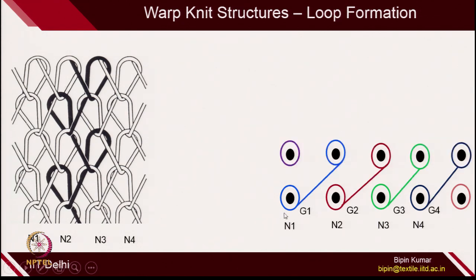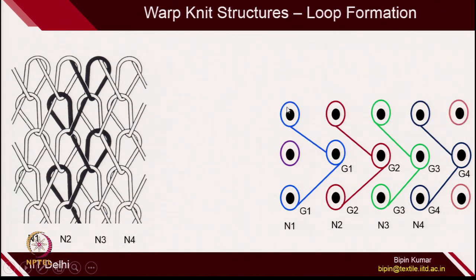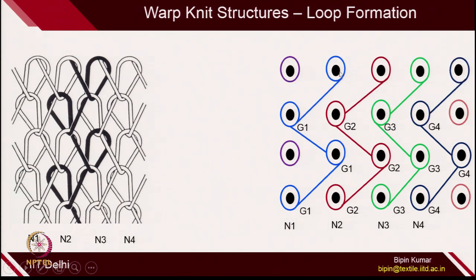In the first course G1 is giving yarn to the N1 needle, and in the second course the same guide is giving yarn to the N2 needle. Similarly, in the third course G1 gives yarn to N1, and in the fourth course again to N2.